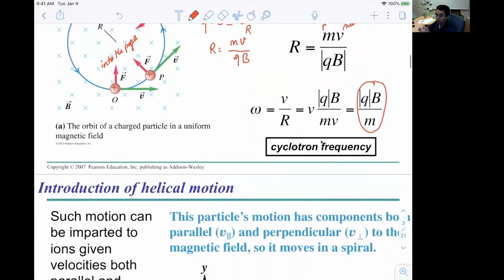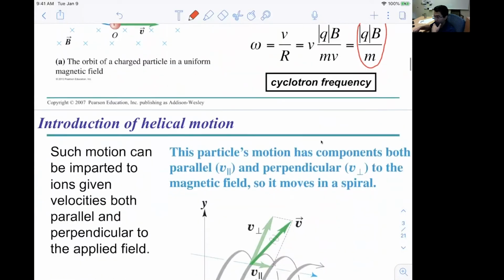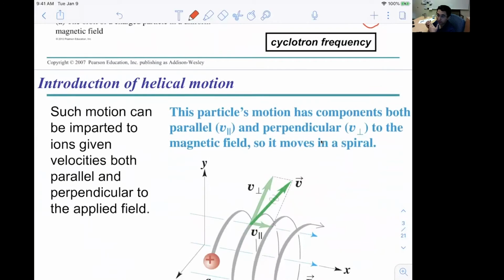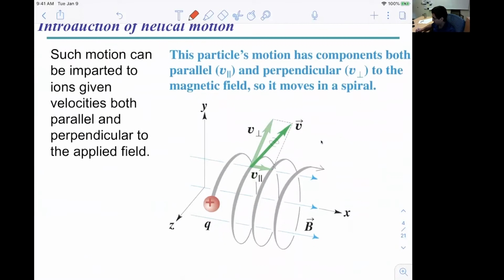If you have a component of the velocity parallel, in the same direction as the magnetic field, that component of the velocity will not change. For example, you have a charge Q and a magnetic field along the x-axis. You have a velocity component we call V parallel to B, and you have a perpendicular one.